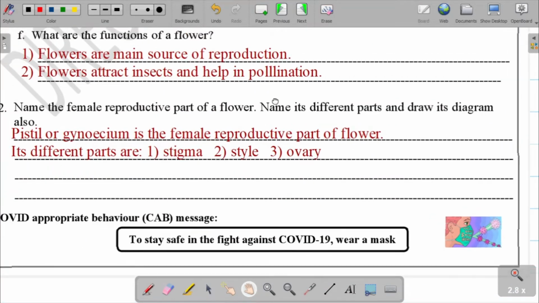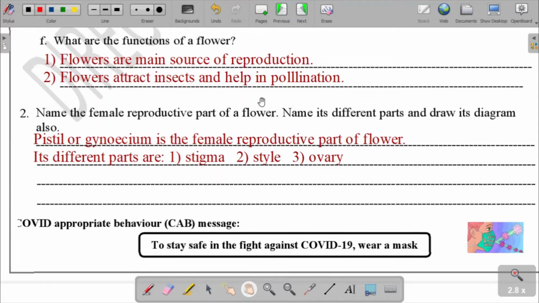Next question is comparatively big. It's a little lengthy as compared to question number 1. Why? Because it has 3 main parts asked in the question. Let's read them. Name the female reproductive part of a flower. Name its different parts and draw its diagram also.